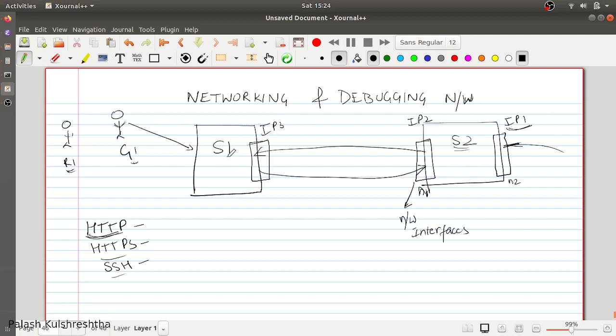So if server 1 wants to communicate with server 2, then let's take port P3 is going to send a request to IP2 and port P2, and then the response is going to come back on the same set.